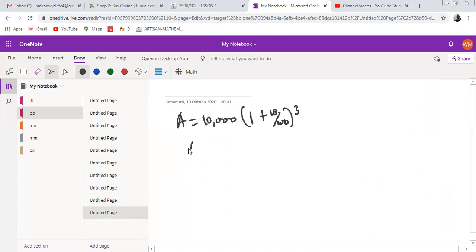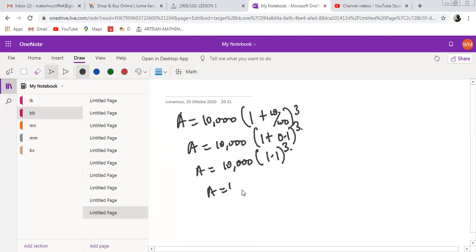So A will be equal to 10,000 into 1 plus 10%, which is the same as 0.1, power 3, which will be equal to 10,000 into 1.1 power 3.